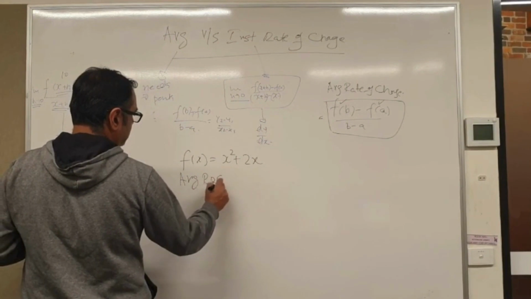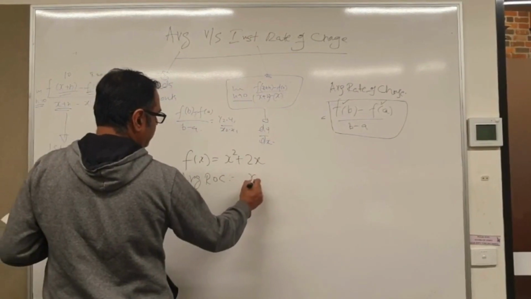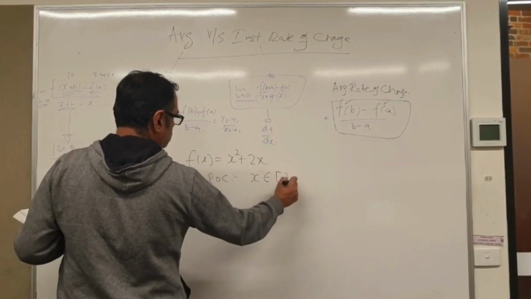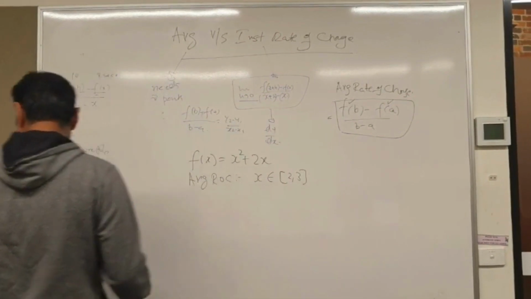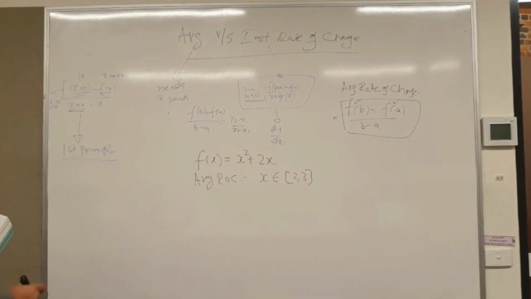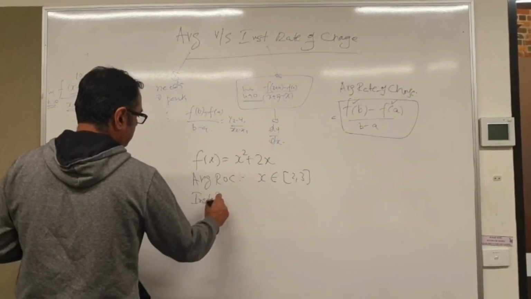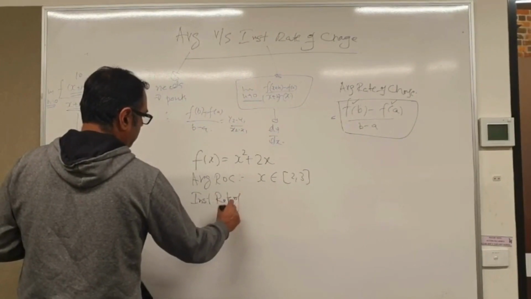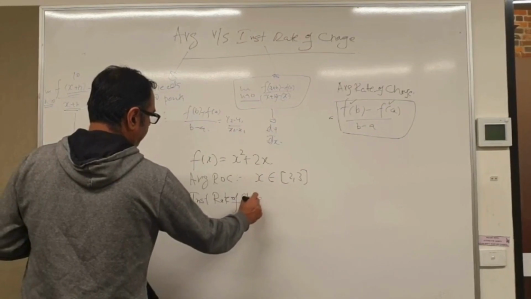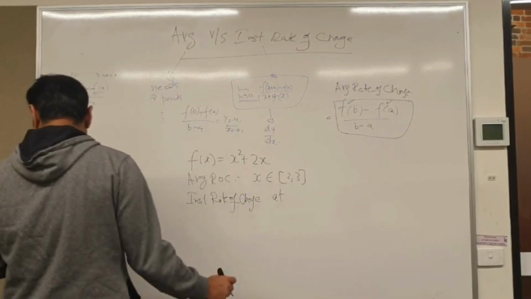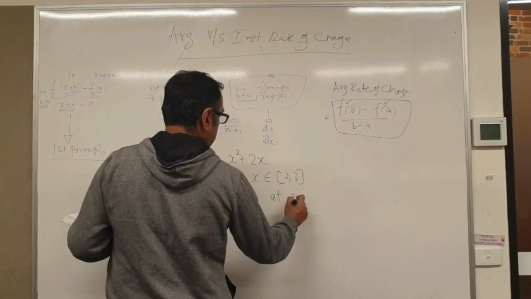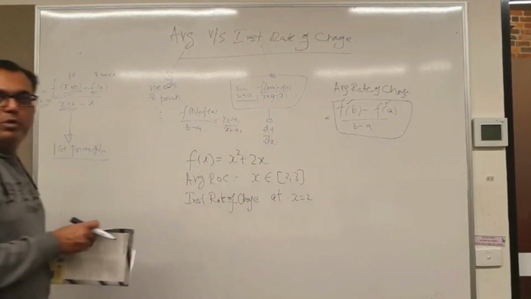Average rate of change, and I say ROC, where x belongs to 2, 3. And can you find the instantaneous rate of change at x equals to 2?